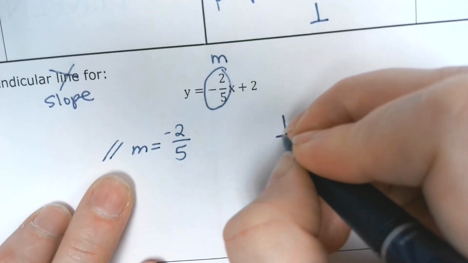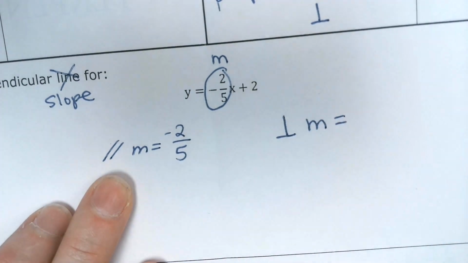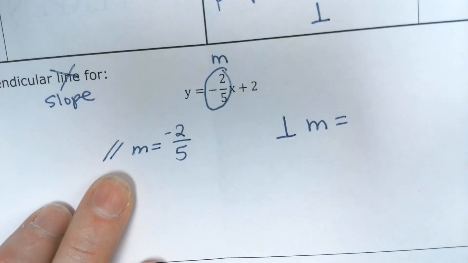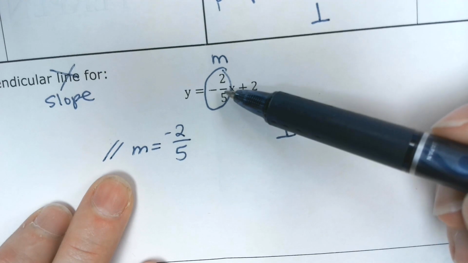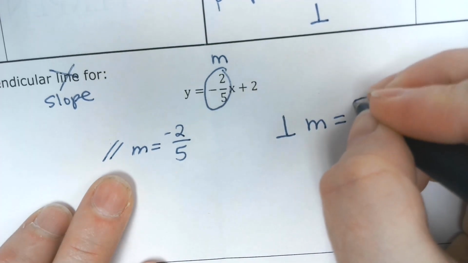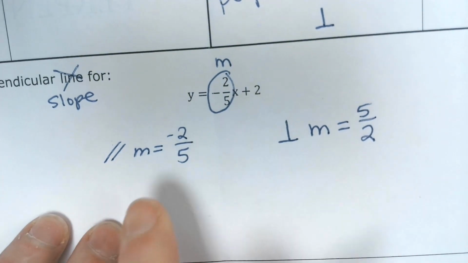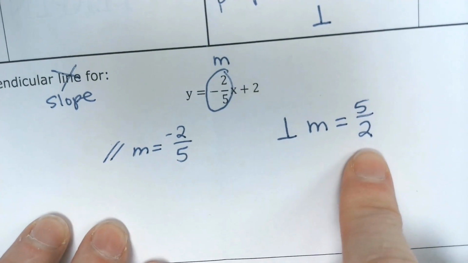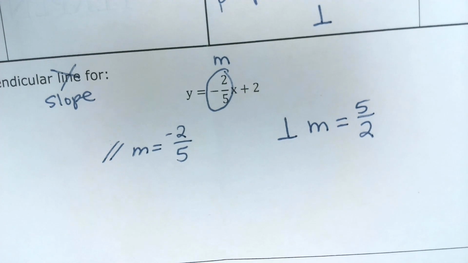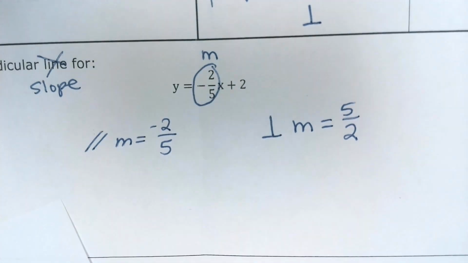The perpendicular slope: flip it and change the sign. So it's already negative, so we're going to change it to positive and then flip it. 5 over 2. This is the parallel slope. This is the perpendicular slope. All right, go ahead and glue it in, and I'm going to pass out your assignment.